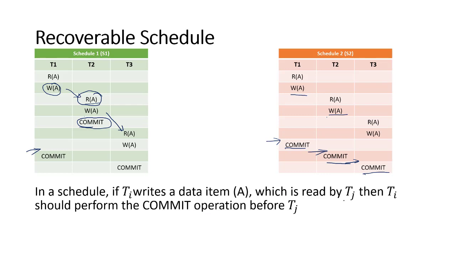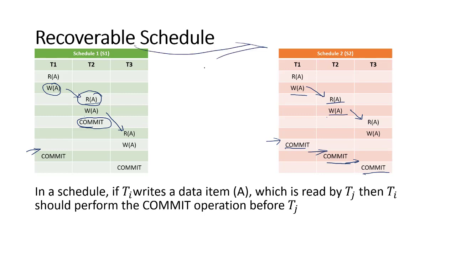Here T2 is reading the data item written by T1, and T3 is reading the data item written by T2, so T2 and T3 are the Tjs. T1 is performing commit before T2, and T2 is performing commit before T3. So by definition, schedule 2 is a recoverable schedule.